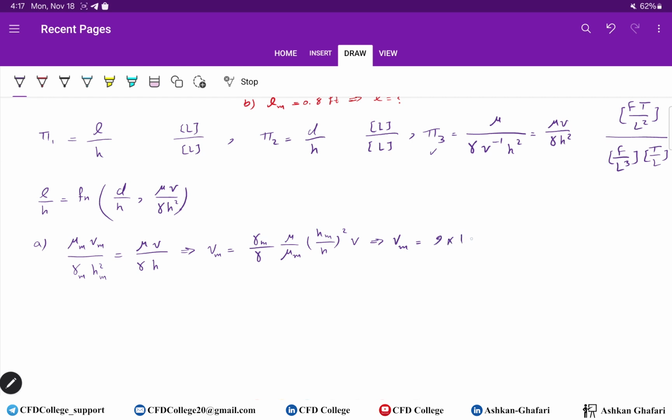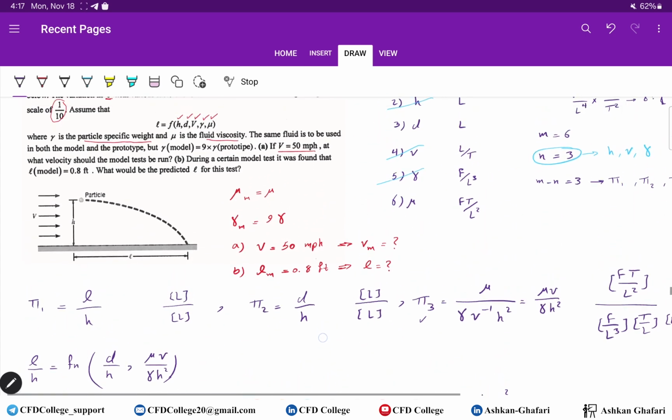The ratio of viscosities is 1, and Hm over H is 1 over 10. When you are told that the scaling is 1 over 10, it means that, for example, Hm over H equals 1 over 10.